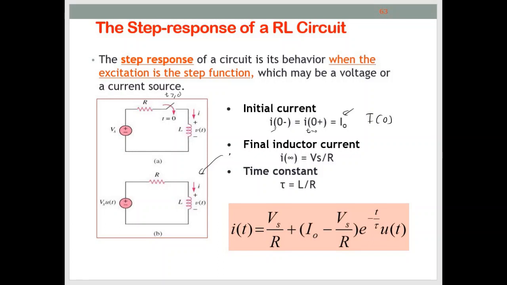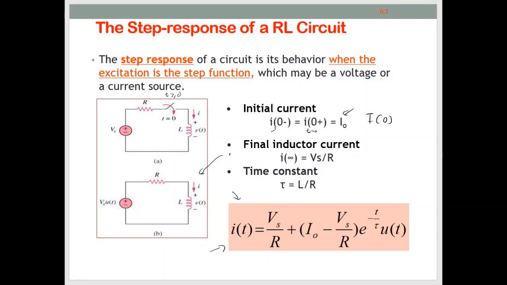So this is the main equation for the current in the t domain of the inductor: Vs over R plus I naught minus Vs over R, times e to the negative t over tau, and times the unit step u(t), which represents the abrupt change of the voltage in the circuit, meaning the voltage is suddenly applied in the circuit.